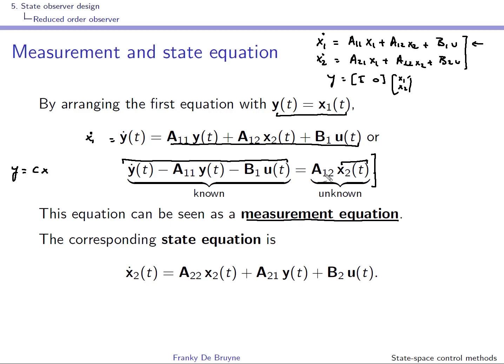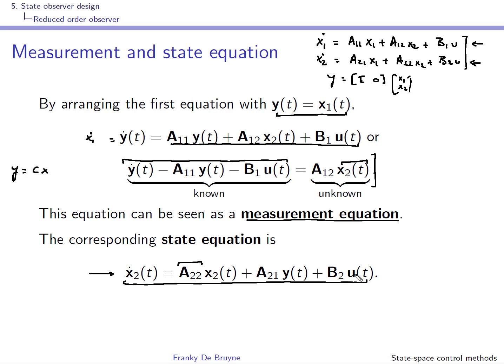and associated to this equation, well, you have the state equation of x2, and this is this equation over here, and we have rewritten it slightly. x2 dot is A22 x2 plus A21 x1, but x1 is y. Okay, so this is the state equation where the important matrix is A22. It's the state matrix for the, well, equation or the evolution of x2, and these are two terms that are known. y is measured and u is the control.